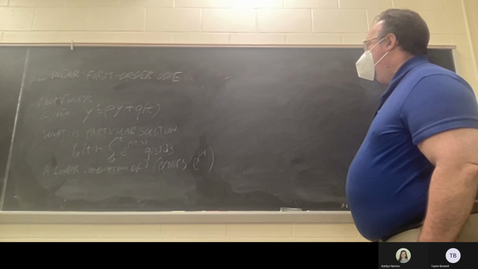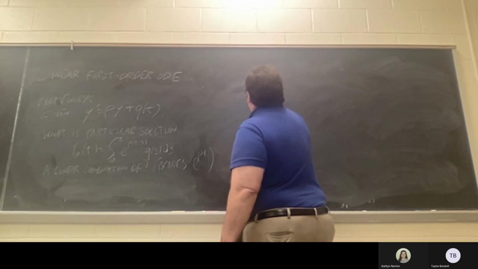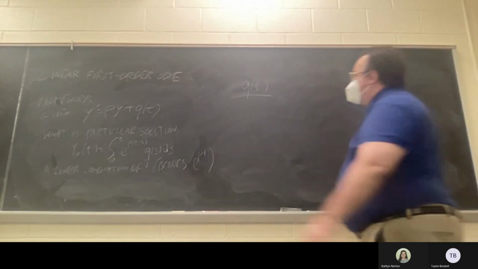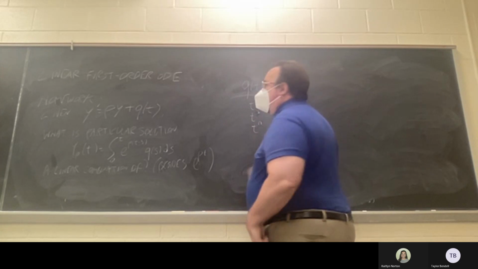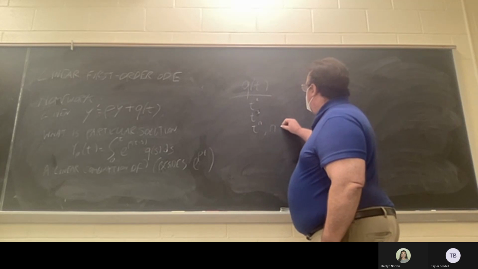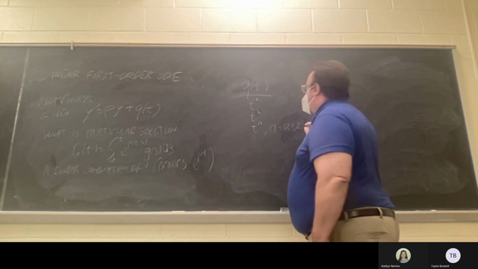So here's the Q of t of interest. Q of t equals t I've already done. So first, some specific examples like t squared, t cubed, and then t to the n, where n is a non-negative integer.